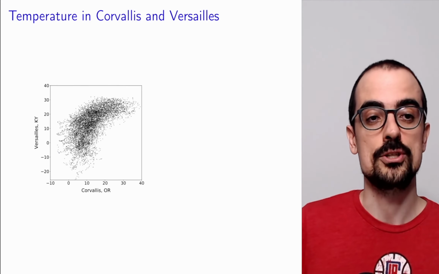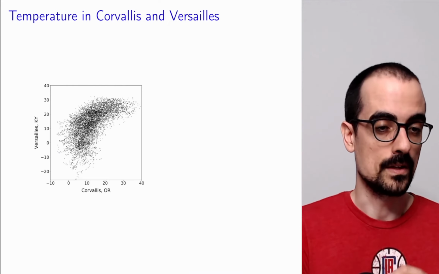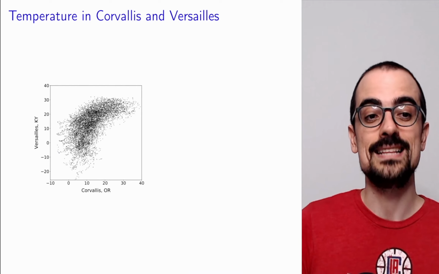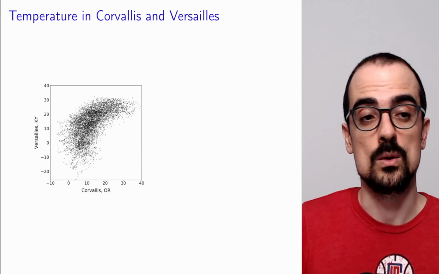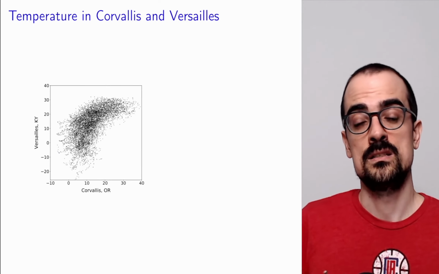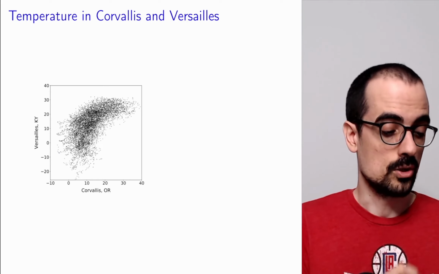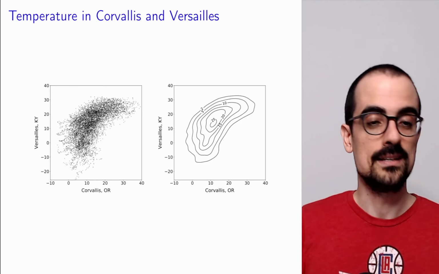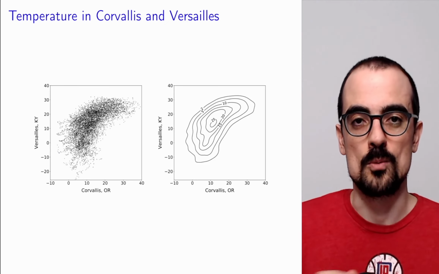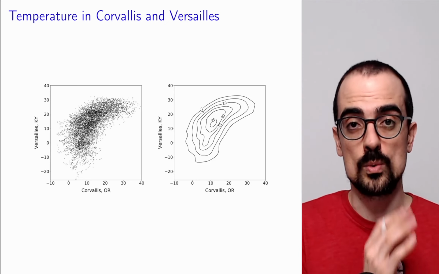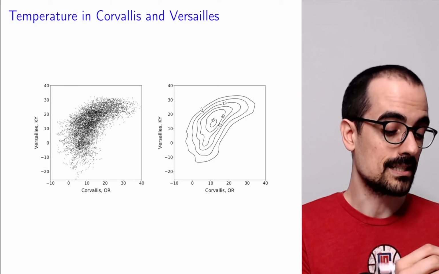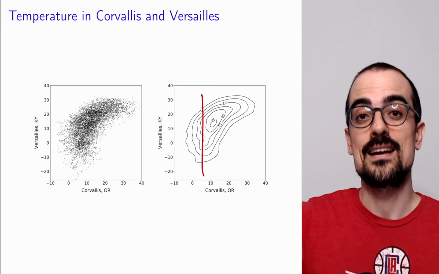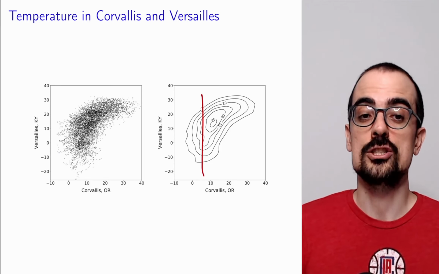So let's take a look at an example. Here we have the temperature in Corvallis, Oregon, and Versailles, Kentucky, and we want to obtain the conditional average of the weather in Versailles given the weather in Corvallis. So here you see the points. Things are continuous. This would be the joint PDF computed using kernel density estimation. So we could take a slice of this joint PDF, renormalize it, and compute the conditional mean function in that way.